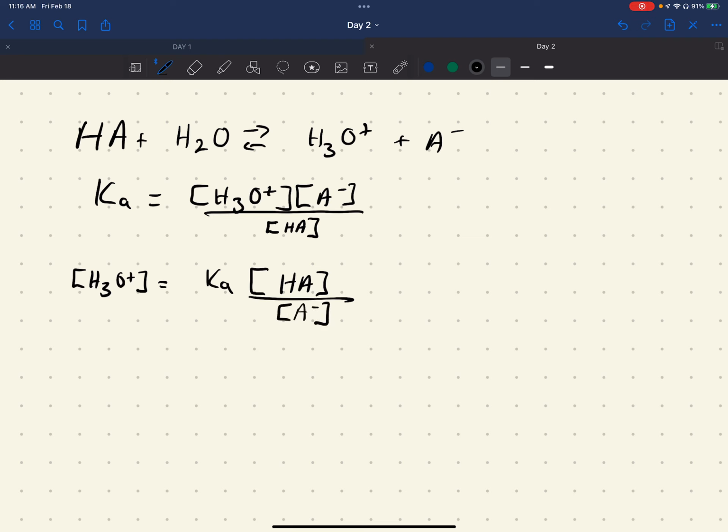Now, this is a pretty useful expression. However, even though we kind of want the concentration of hydronium ion at equilibrium, it's more important to express the pH, because pH is something measurable. So I'm going to take the negative log of everything.